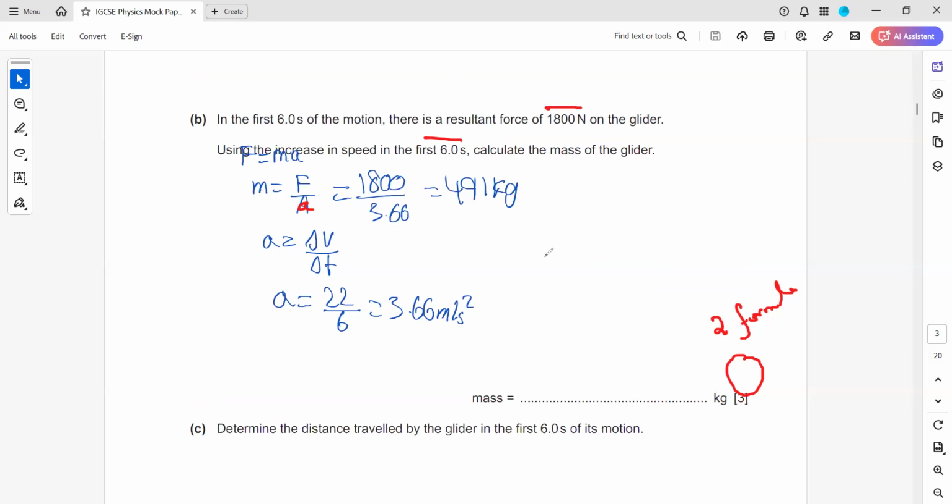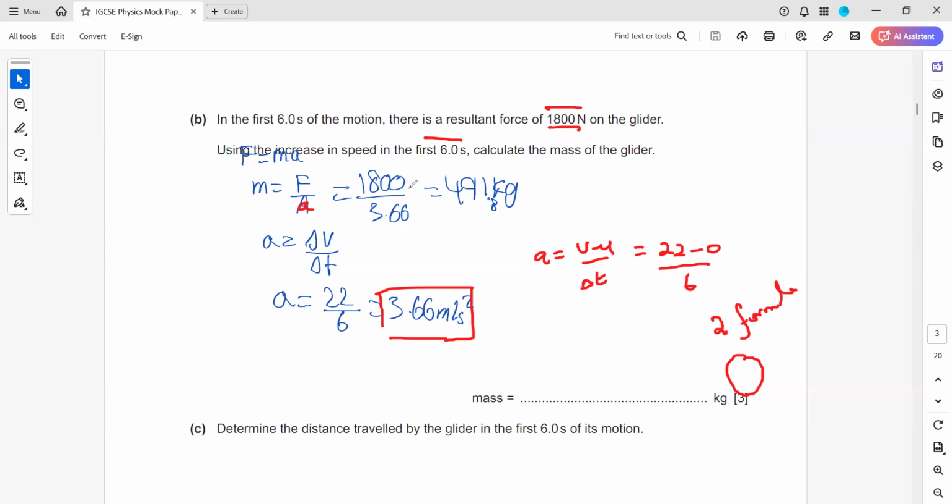So acceleration is the change in velocity, final minus initial, divided by time. The final velocity is 22, the initial velocity is 0, and the time interval is 6 seconds. So this is the acceleration, and then using force divided by acceleration we get the mass.